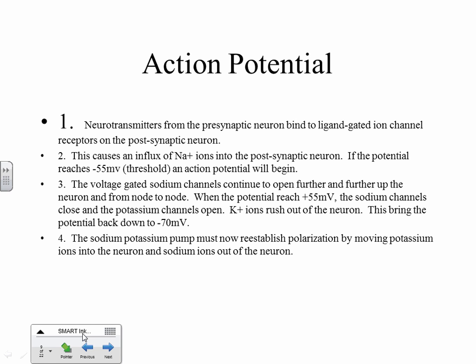The voltage-gated sodium channels continue to open further and further up the neuron and from node to node. When the voltage reaches, depending on the neuron, either plus 55 or plus 40, the sodium channels close and the potassium channels open. Potassiums rush out, and eventually the sodium-potassium pump gets things back to normal. That's an action potential.